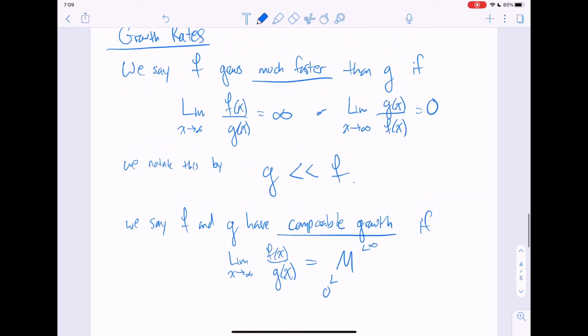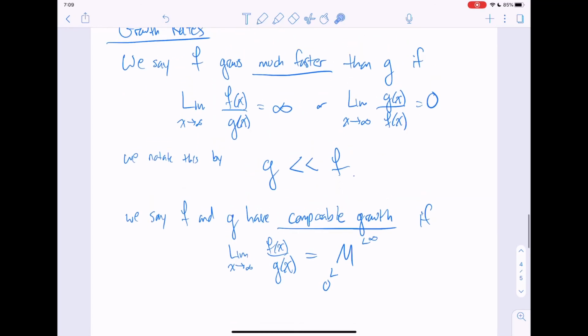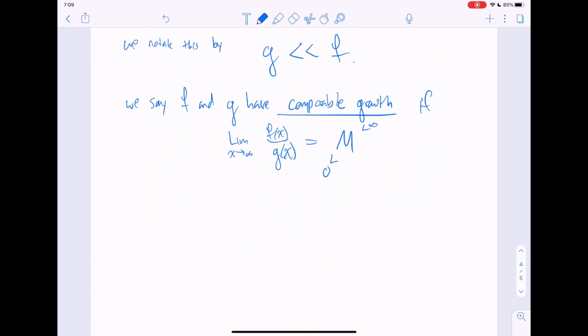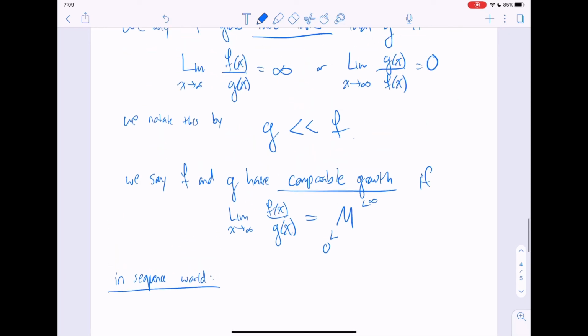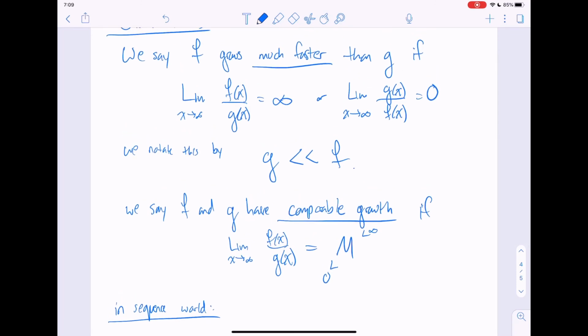So the question is, what can we do with this information? Well, in sequence world, we can define the exact same things, because this is true for the continuous interpolants.